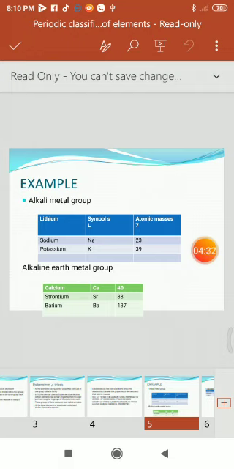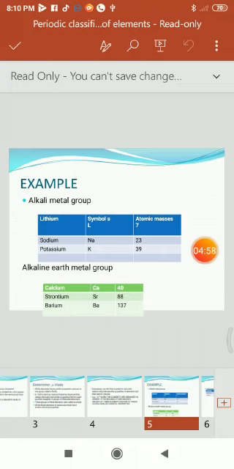From this calculation, we find that the arithmetic mean of the atomic masses of lithium and potassium is 23, which is equal to the actual atomic mass of the middle element of the triad, sodium. The atomic mass of the middle element, sodium, is equal to the arithmetic mean of the atomic masses of the first and third elements, lithium and potassium.